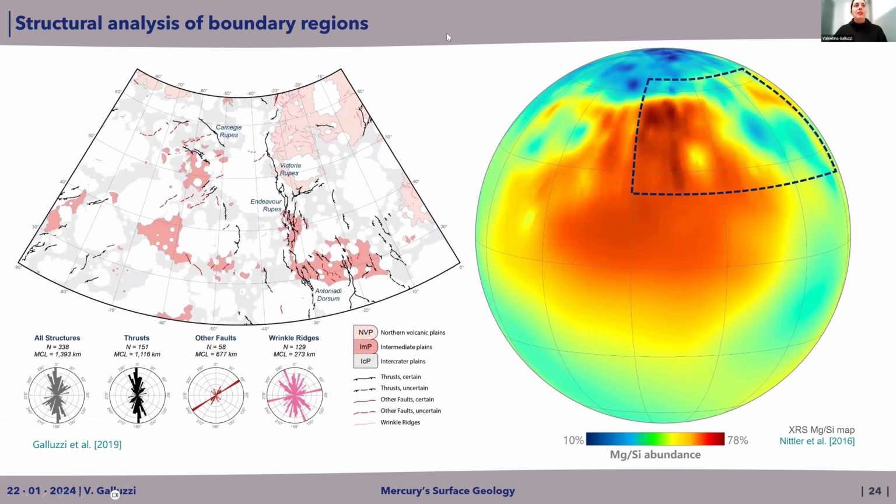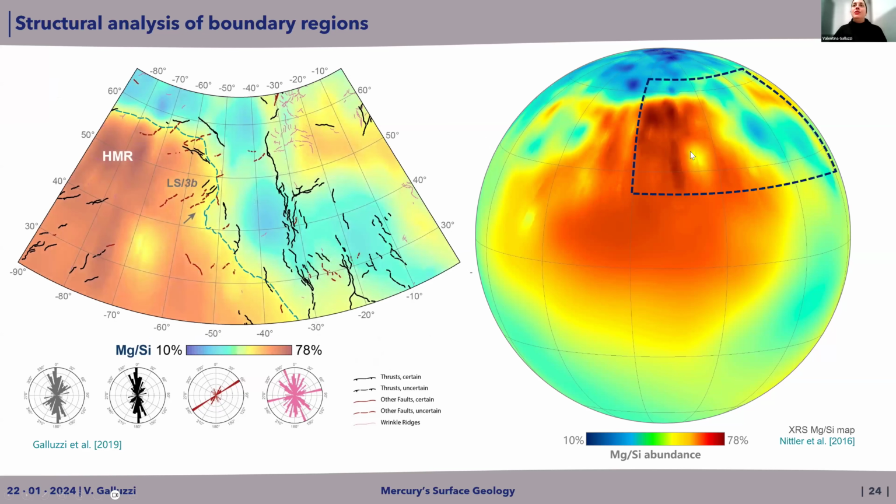So just to tell you that it's not just the global patterns of global tectonic models, but also the geochemical terrains may induce stress fields in some regions of Mercury. This area here is called the high magnesium region, and it occupies an entire hemisphere of Mercury.